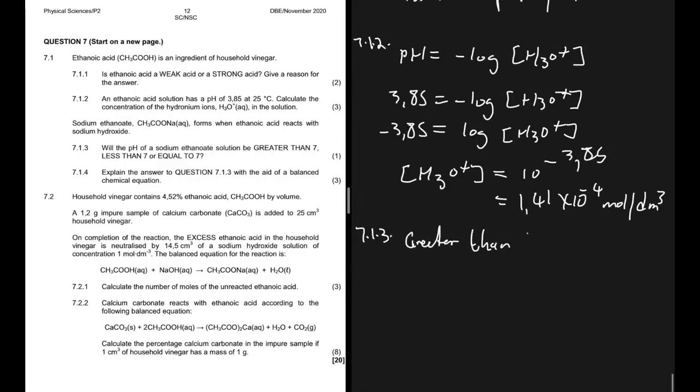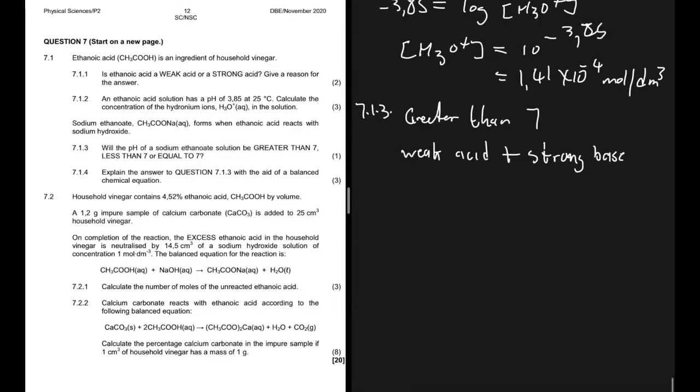Why is it greater than 7? We know now that ethanoic acid is a weak acid, right? So we have a weak acid being combined with a strong base, because sodium hydroxide is a strong base, right? So if you combine these two, you're going to get a base, right? You will have a pH of greater than 7. So if instead you had a strong acid and a weak base, then the pH would be less than 7.